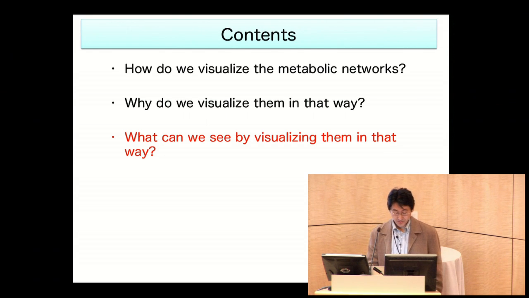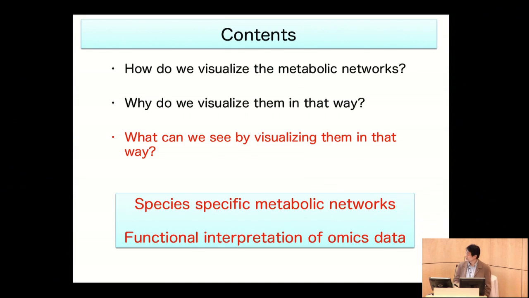So the last part I would like to show is what can we see by visualizing the metabolic network in this way. As I told you, we can easily reconstruct the species-specific metabolic networks, and we can also map the omics data to the pathway database or BRITE database for the functional interpretation of those omics data.